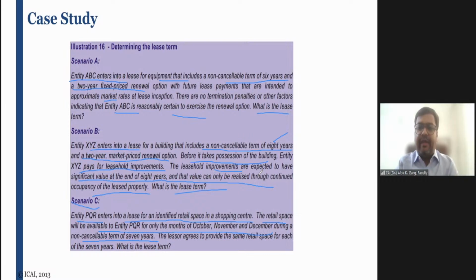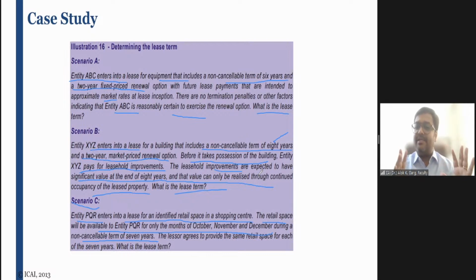Yeah. So have you seen that people from northeast India, they are just putting their stall for 3-4 months for the woolen clothes? It is not for the full year. It is only for 3-4 months, right? So what happened? Like in this case, entity PQR enters into a lease for an identified retail space. The word identified means there is an identified asset in a shopping center.